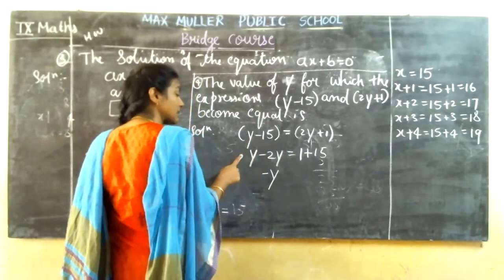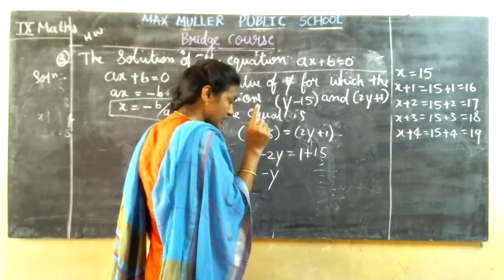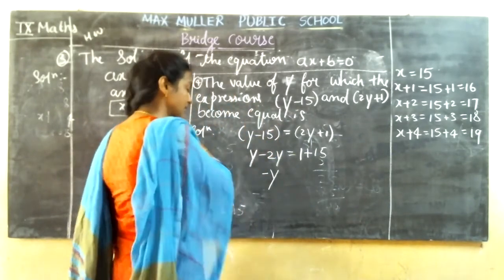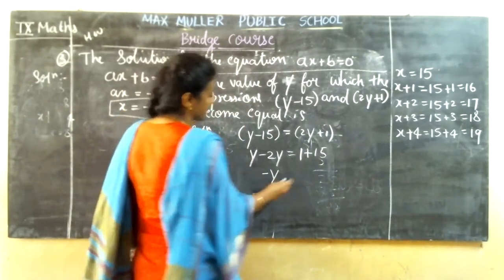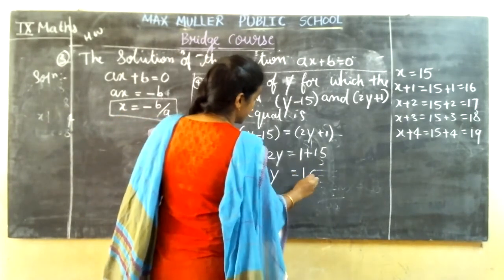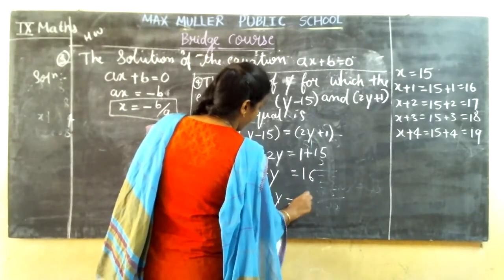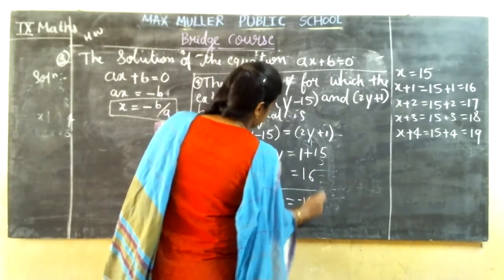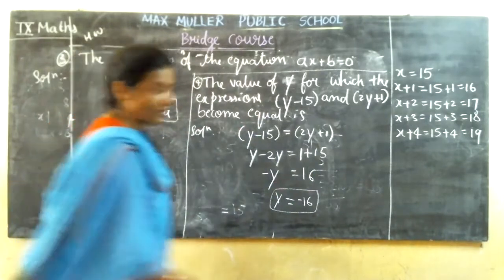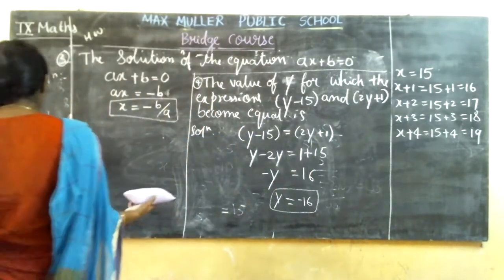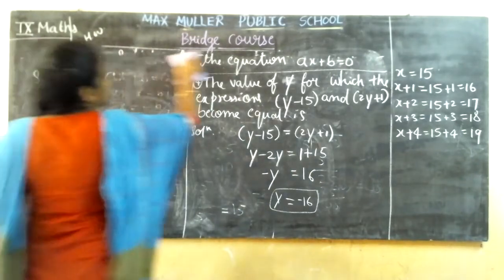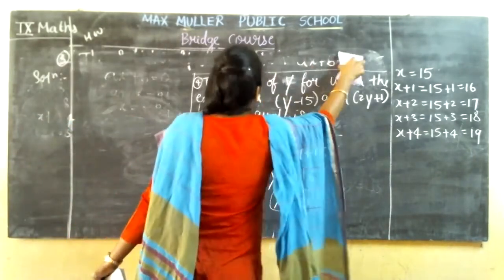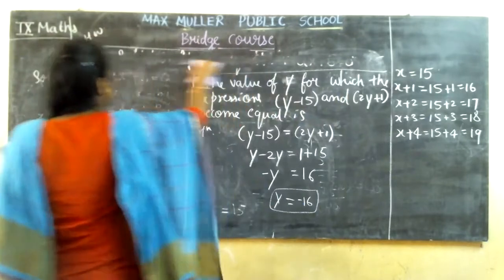As I told in the last class, you will get a minus value, right? So minus y is equal to 16. So y is minus 16. This is how you need to find the values. y is equal to minus 16. Are you following, children? Practice them, okay?